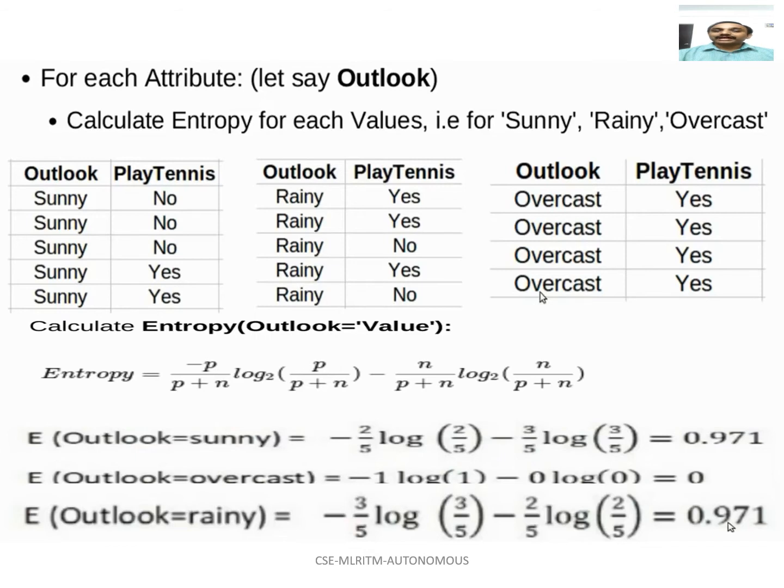How many examples are there? 5 examples are there. So minus 2 by 5 log 2 by 5 minus, so 3, that is the negative example, 3 by 5 log 3 by 5. Like that we have to calculate entropy of overcast and entropy of rainy.